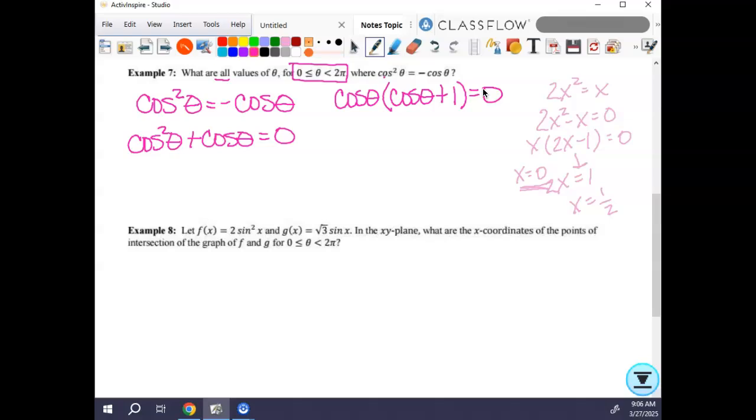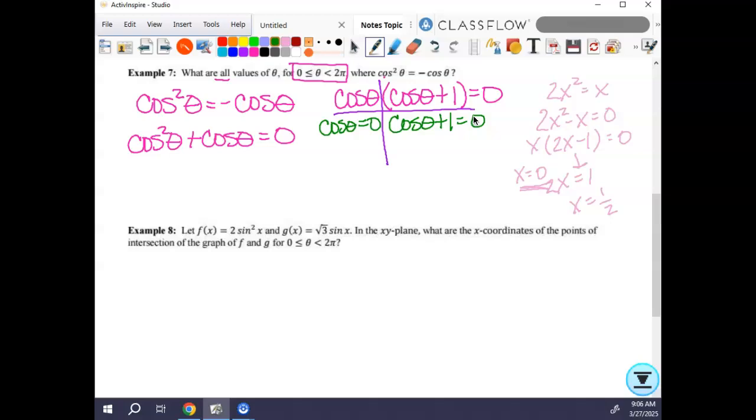Okay, so now that I have that split, I'm going to split it right here where I have my 2 factors, and I'm going to use my zero product property just like we would if it looked like something else. So I'm going to take this and have cosine theta equals 0, and cosine theta plus 1 equals 0.